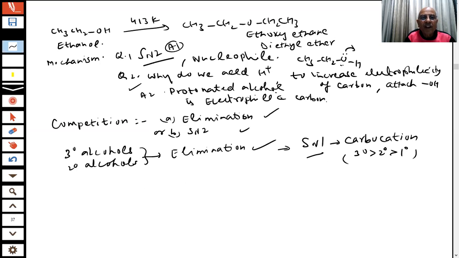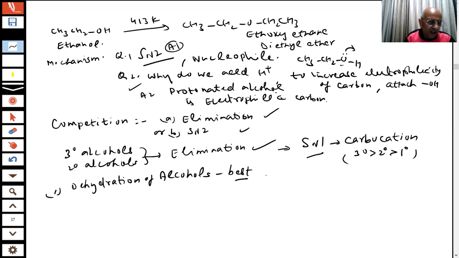But this method, the dehydration of alcohols, will be most suitable for the preparation of ethers which have primary alkyl groups.